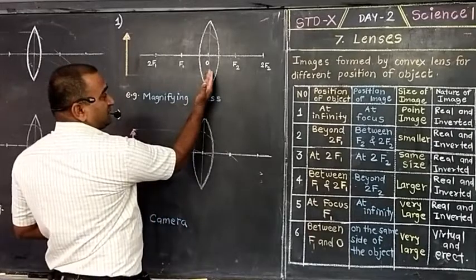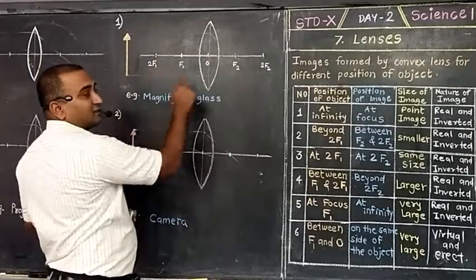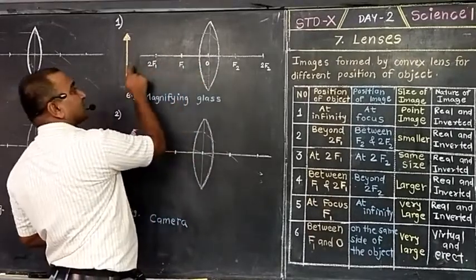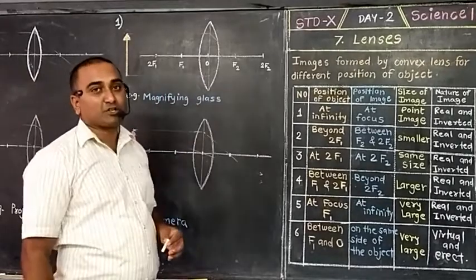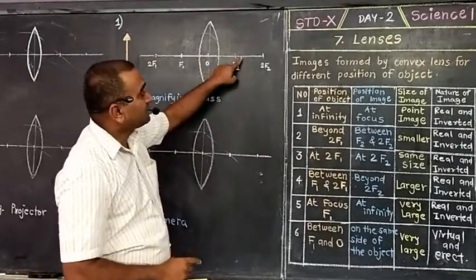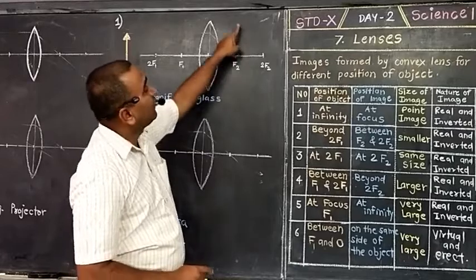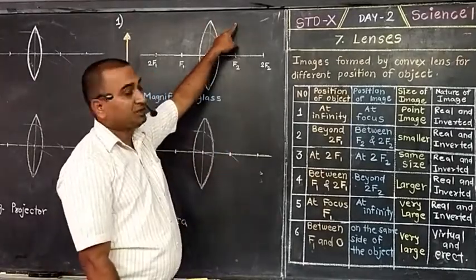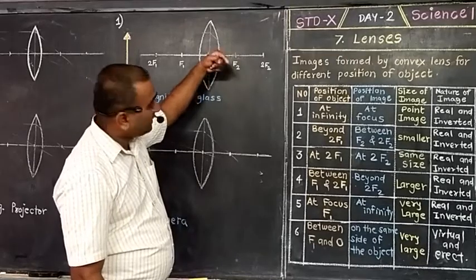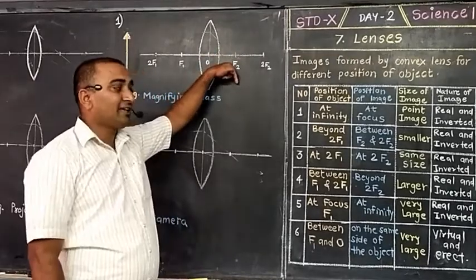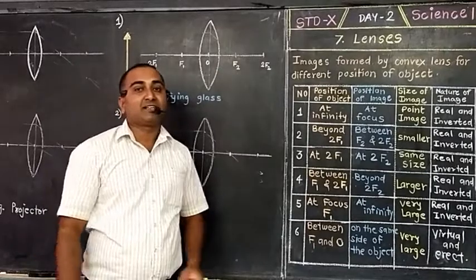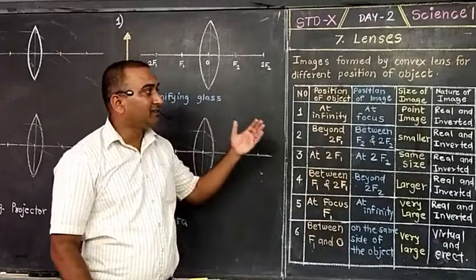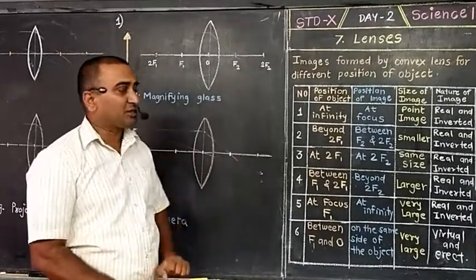And if the image is towards the left of the lens, that is towards the object, it is called virtual. From the principal axis, if the image is upward, it is called an erect image. And if the image is downward, it is called an inverted image. These are the nature, position and size of the image.